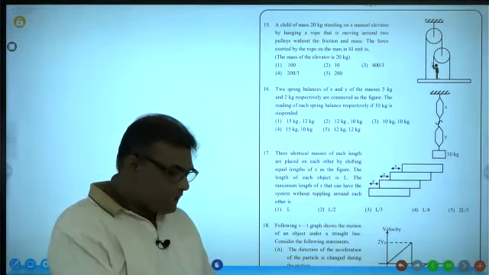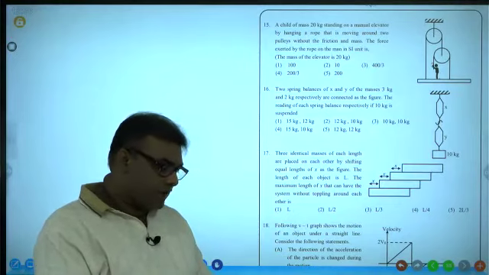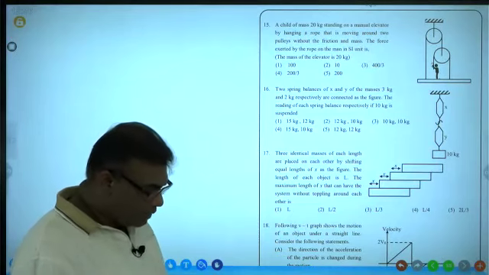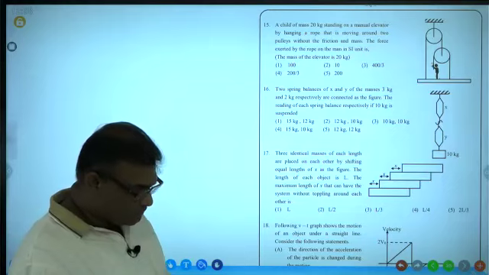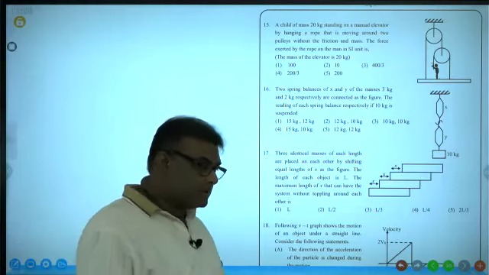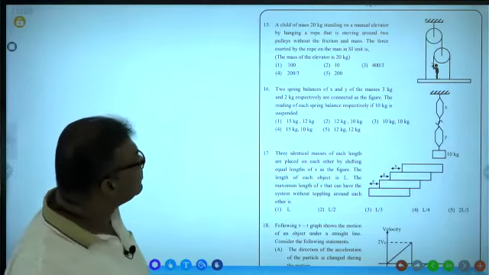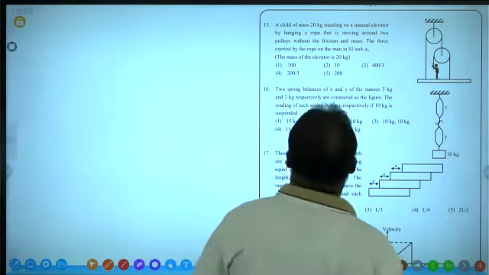You are given a child of mass 20 kilograms standing on a manual elevator, hanging a rope that is moving around two pulleys without friction and mass. The pulleys have no masses. Can we label the forces? 20 kilogram.